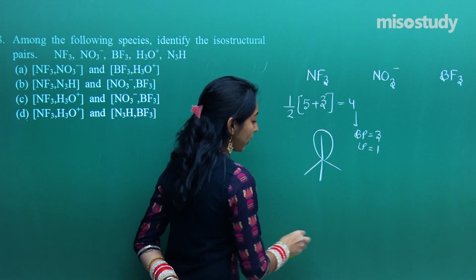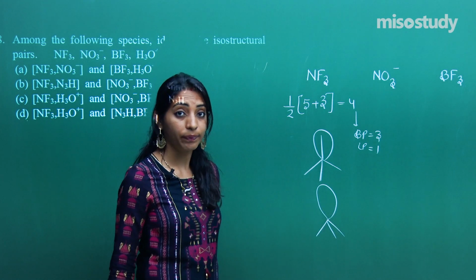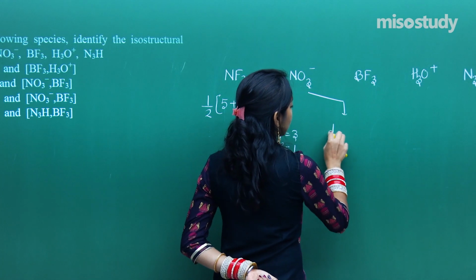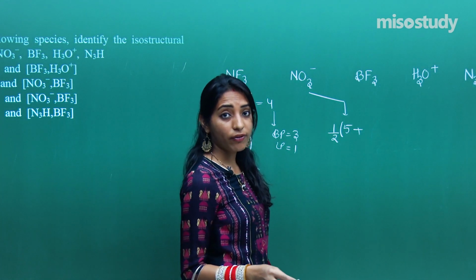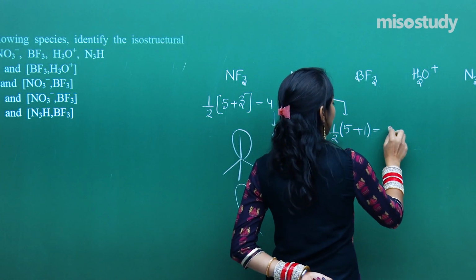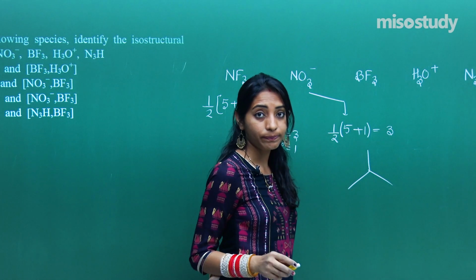So this is a lone pair and hence the final structure will be pyramidal. Okay. Now let us do NO3 minus. Half of valence electrons of central atom 5 plus number of atoms attached by single bond 0 plus 1 charge is there. So 6 by 2 is 3, that means it is sp2 planar.